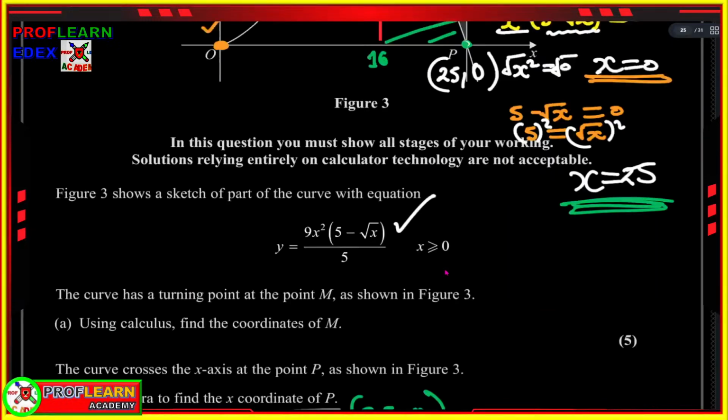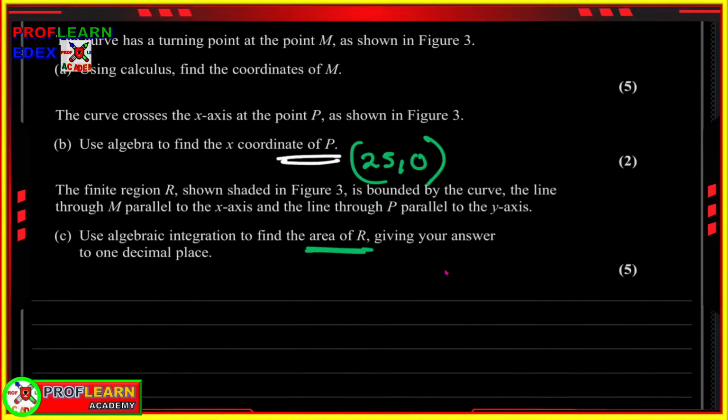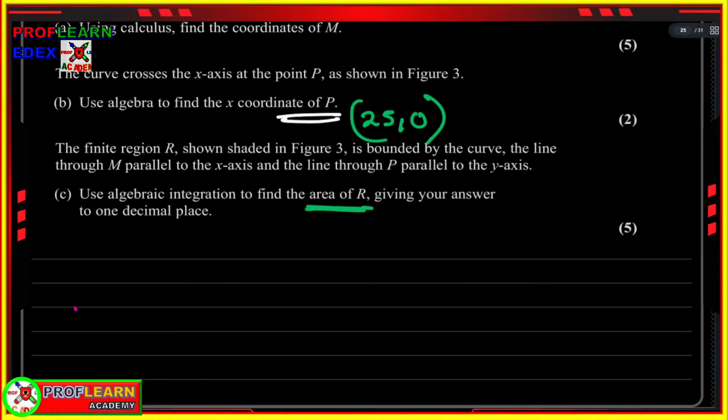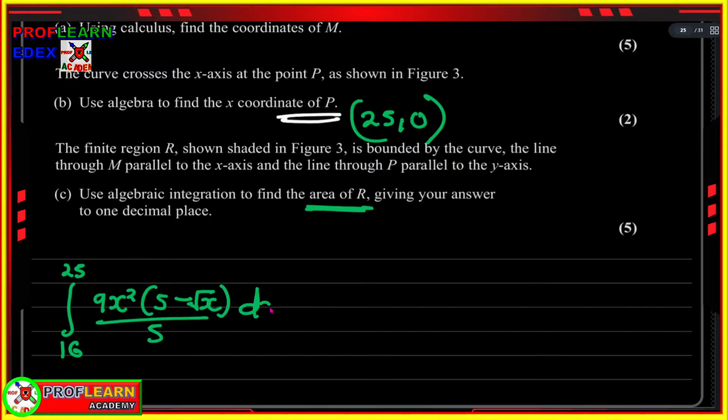So to get the area under that graph, I'm going to integrate from 16 to 25 the curve that I was having, 9x squared into 5 minus root x over 5, with respect to x.